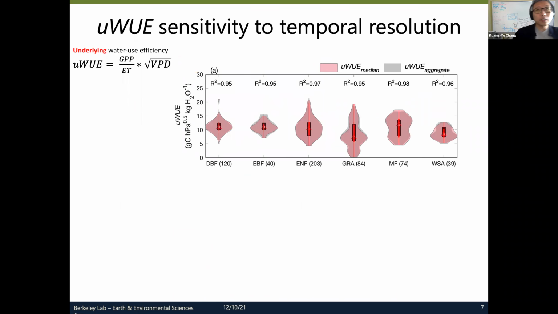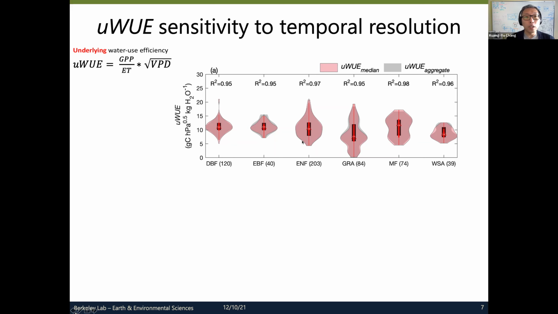And the results are surprisingly similar. The R-squared values between underlying water use efficiency inferred from the two metrics are above 0.5 for the examined plant functional types. The numbers in the brackets are the number of site years in each plant functional type.